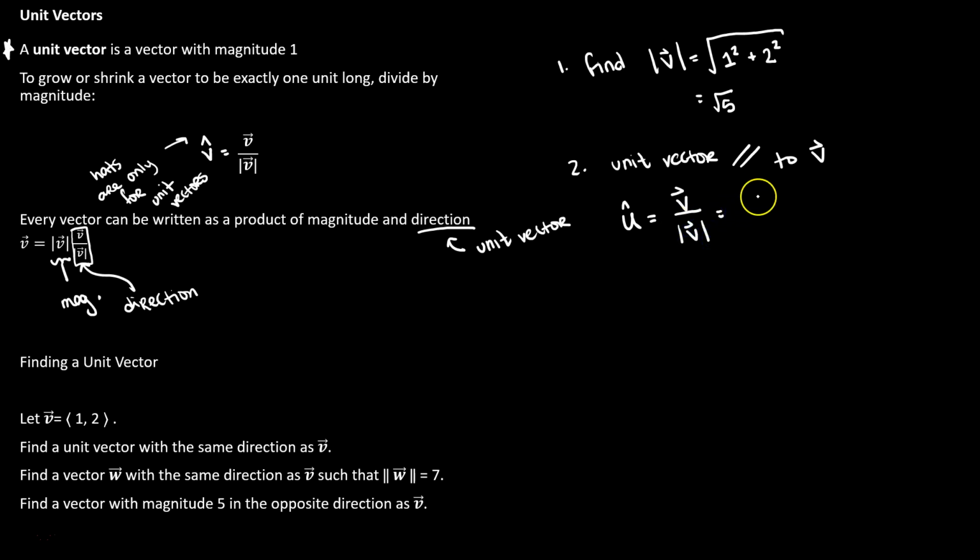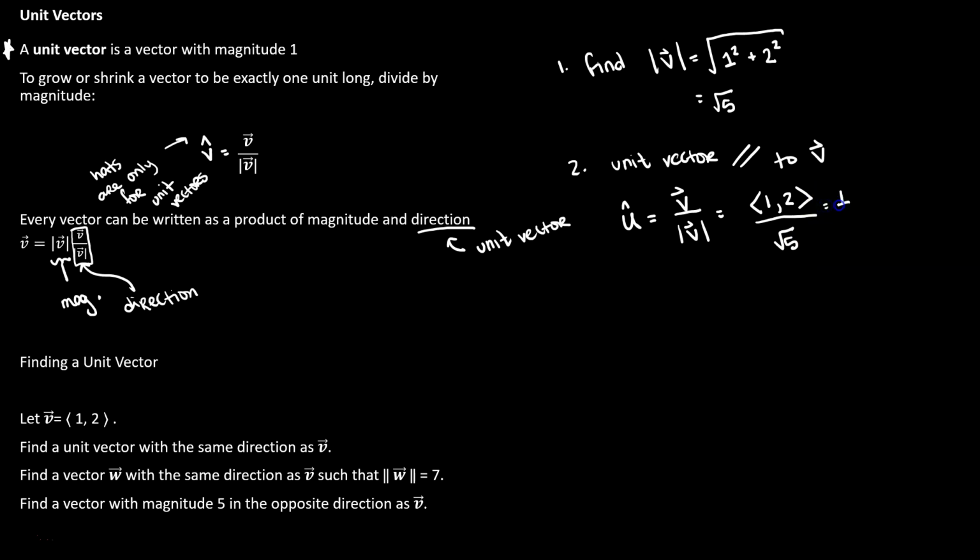That will look like the components of v. So 1, comma 2 in my numerator, divided by the magnitude of v, which we said was root 5. And there's many ways to write the answer here. I can leave it like this, with the pointy brackets in the numerator and the magnitude root 5 in the denominator.